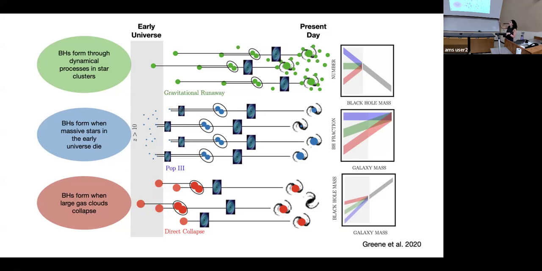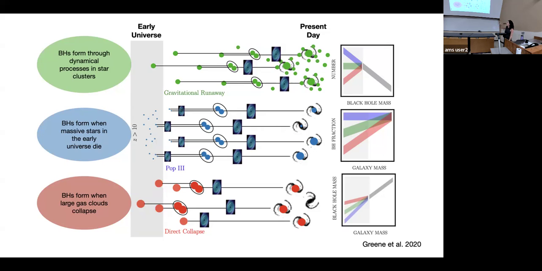And then on the top, we have black hole formation through dynamical processes in star clusters. This is unique in that we can form the black hole seeds at any point in our cosmic history, not just in the early universe. All of these predict different black hole mass starting points.